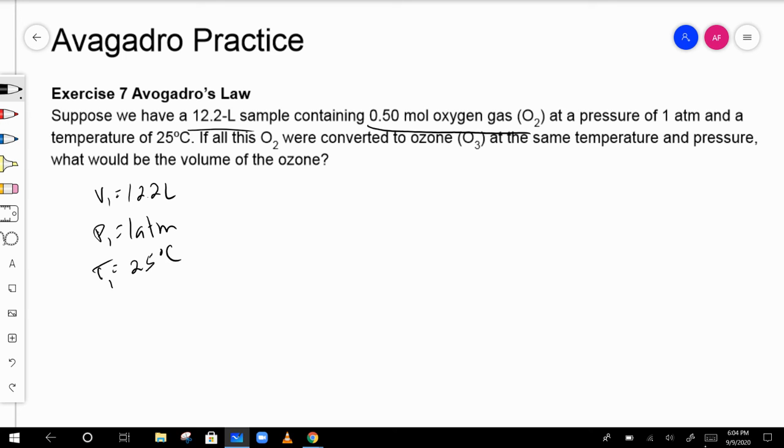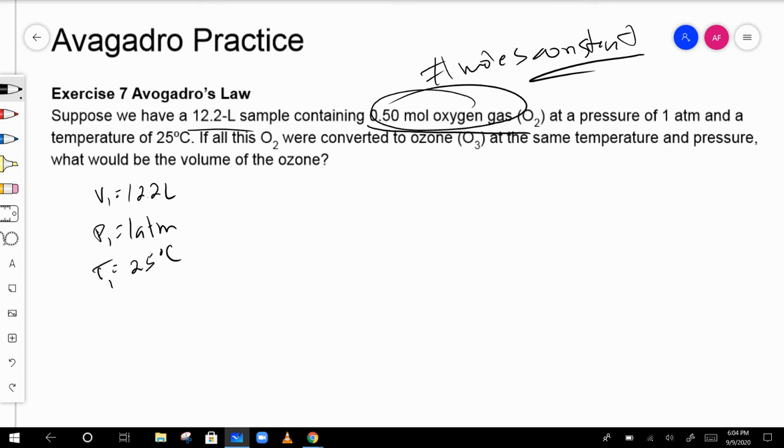If all this O2, so the number of moles is staying the same, the number of moles is constant. Doesn't matter that the type of gas is changing. It doesn't matter. Okay. At the same temperature and pressure, so temperature 2 equals the same, pressure 2 equals the same.